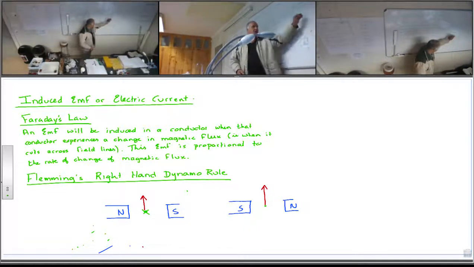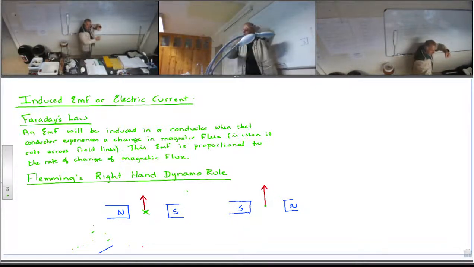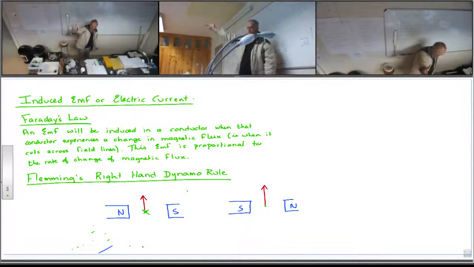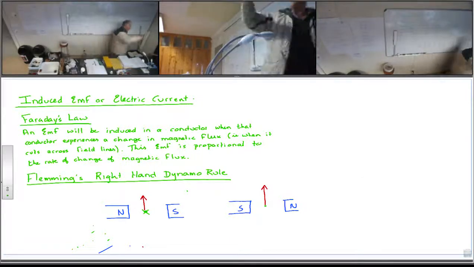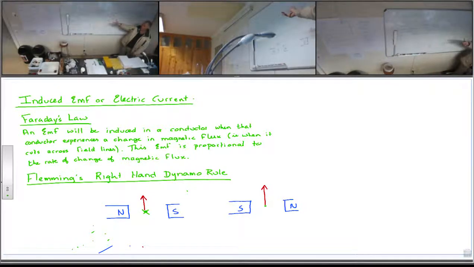We're moving it up. We want to know, is the current going to flow out of the board or into the board? Right hand. Which way does your field go? Right to left. Which way is your thrust? Up. Which way will it be thrust? Out of the board, so I leave it as a dot representing an arrow coming towards you. All understand this? I want to do one more.